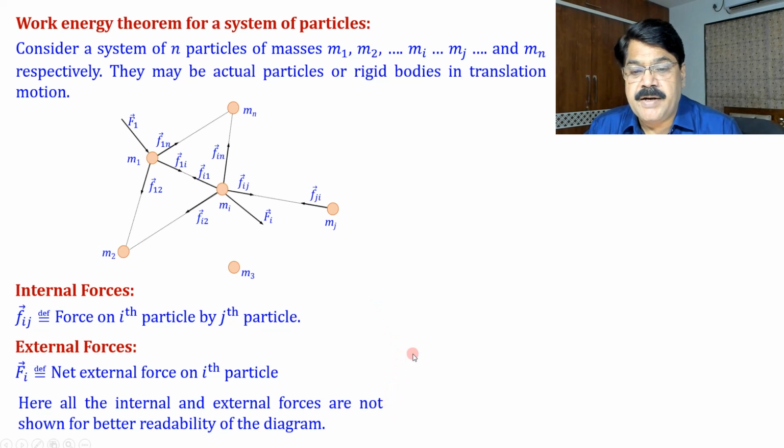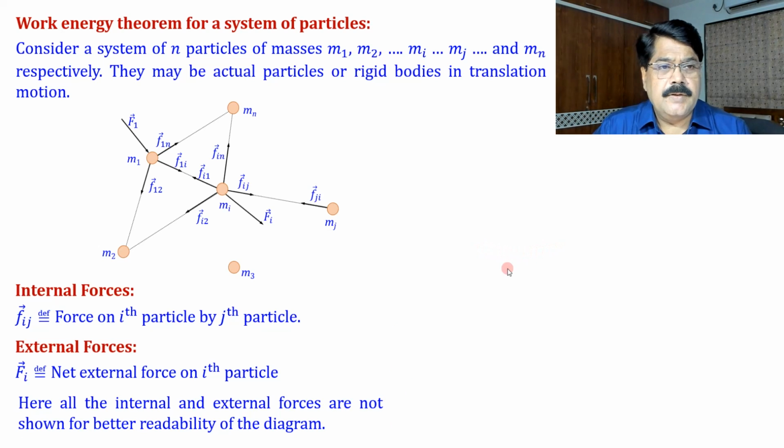The same idea we have used while learning to apply Newton's second law on a system of particles. The work-energy theorem involves the initial and final kinetic energy of the system, or of all the particles. So it is required to denote the initial and final velocities of all these particles.